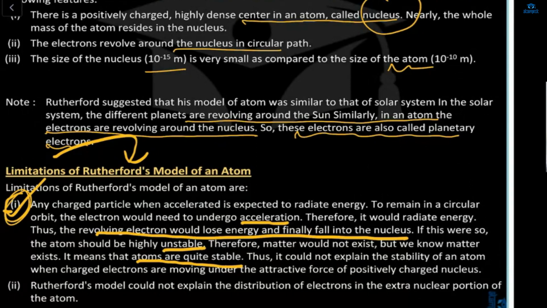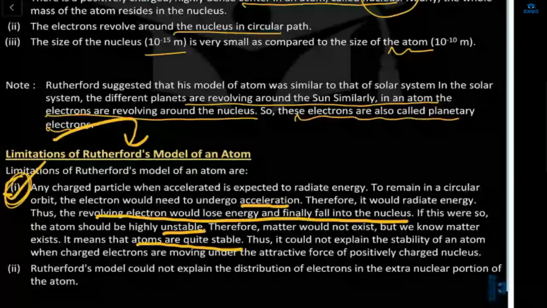If this were so, the atom would be highly unstable. Therefore, matter would not exist, but we know matter exists. It means that atoms are quite stable. Thus, it could not explain the stability of an atom when charged electrons are moving under the attractive force of the positively charged nucleus. So now explain to me.